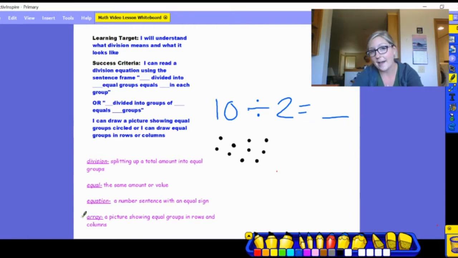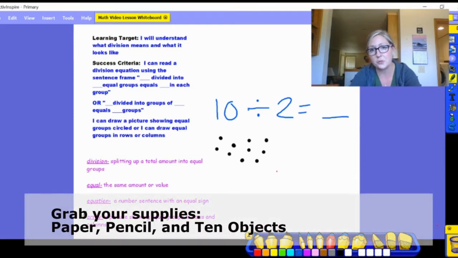And if you have some objects around your house that you can grab 10 of, for example, toothpicks or paper clips or Cheerios or goldfish, something small that you could grab 10 of, that might also be a helpful thing to have for practicing today for modeling division.